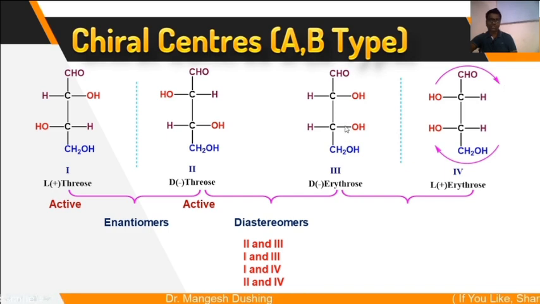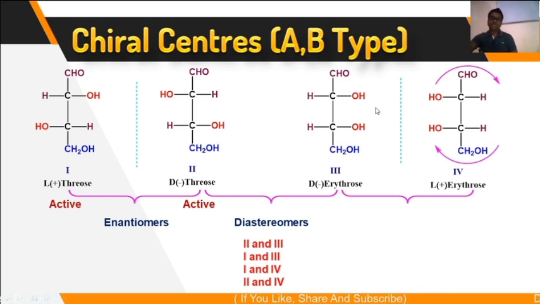So the compounds which contain AB type chiral centers show 4 stereoisomers. This is the difference between AA type and AB type. AA type has only 3 stereoisomers, while AB type has 4 stereoisomers.